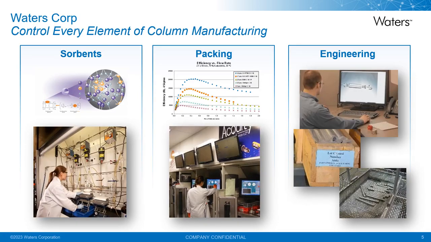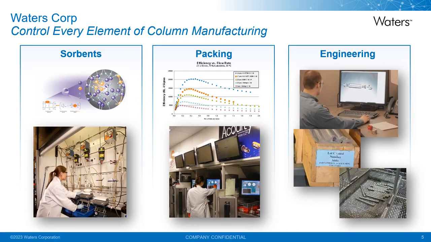Some manufacturers don't have the capability or expertise to control all aspects of column manufacture. Some outsource column hardware, or in some cases, even the sorbents used in packing of the column.